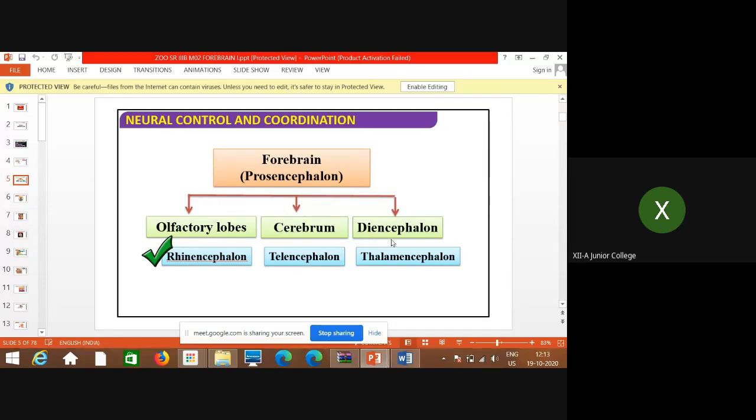Then diencephalon. So the forebrain or prosencephalon is divided into olfactory lobes, cerebrum, and diencephalon.